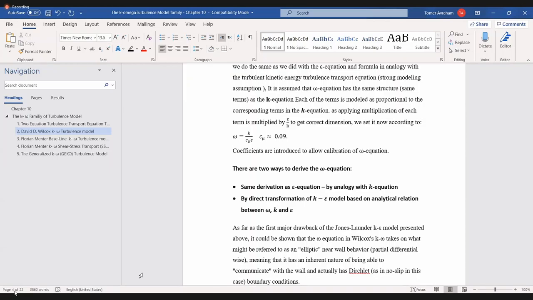One of them was what's called the baseline model. In the baseline model, he solves an equation for omega.